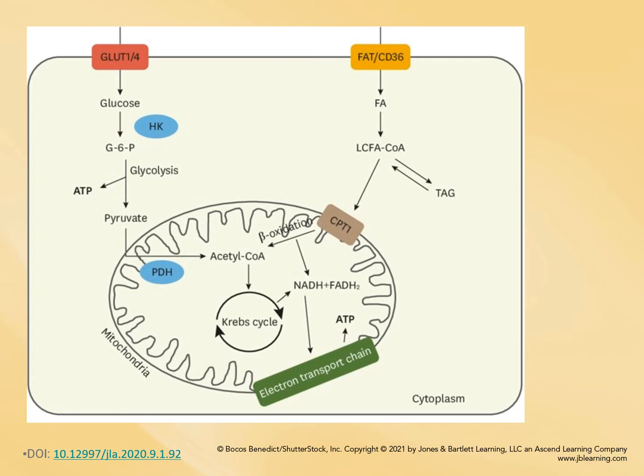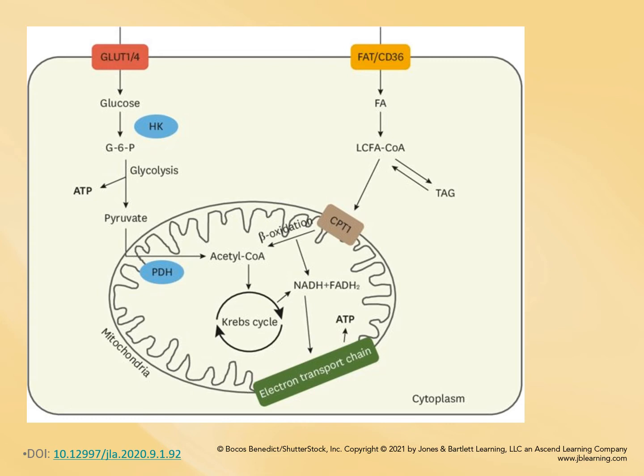It's referred to as beta oxidation because the process of breaking down that fat is to break it down not by the alpha carbon, but the beta carbon. So it cuts at the beta carbon, and that is the second carbon.